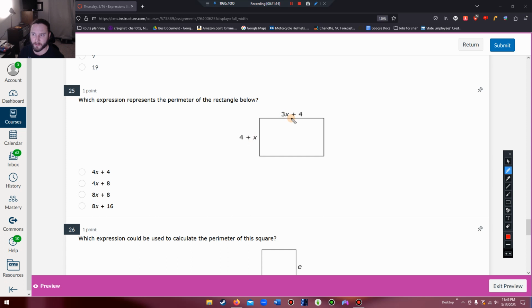So for a rectangle, this side, 3x plus 4, is the same as this side, 3x plus 4. And that means this side is the same as this side. We know how rectangles work, so 4 plus x. What you are supposed to do is add all of these together. I know that sounds crazy, but just watch how easy this ends up being.